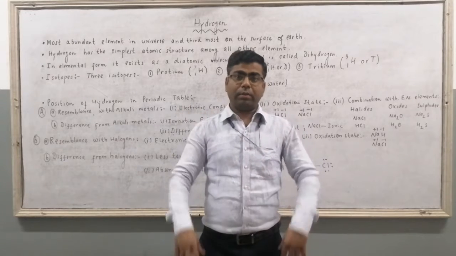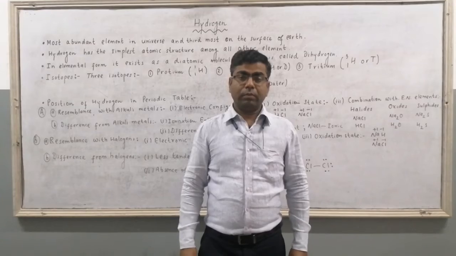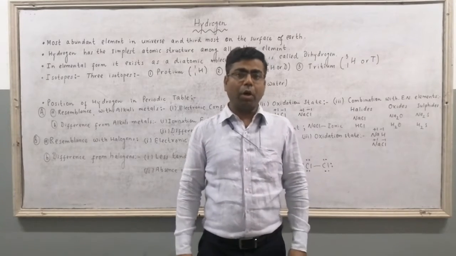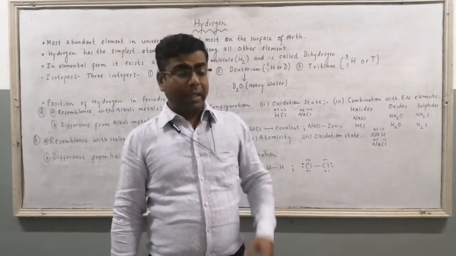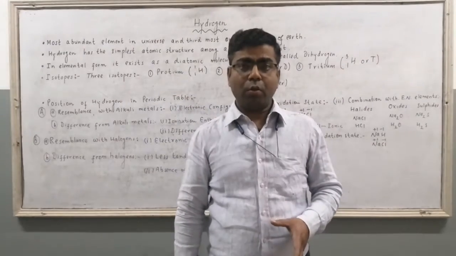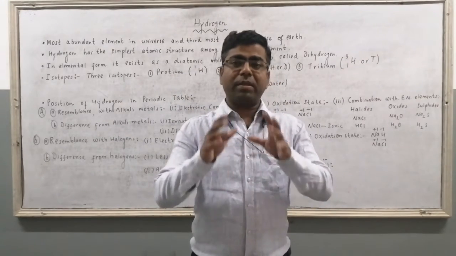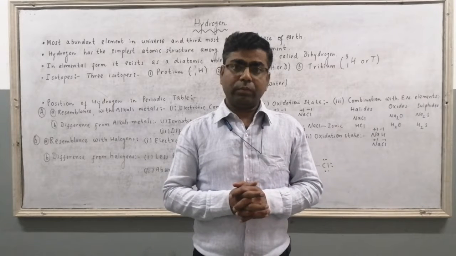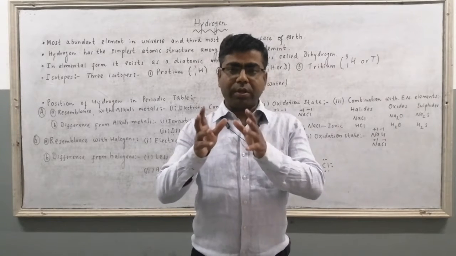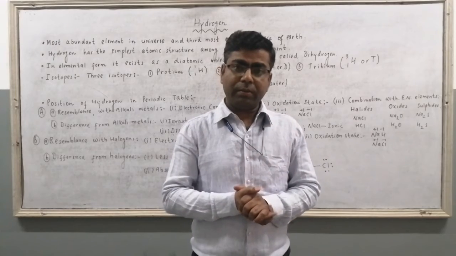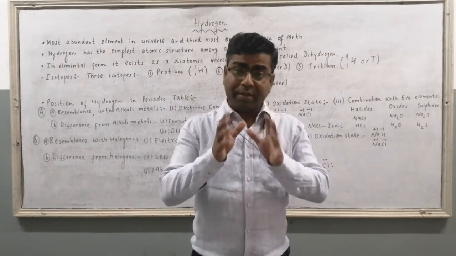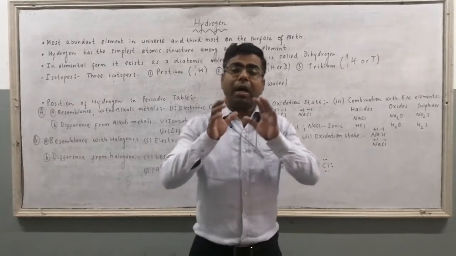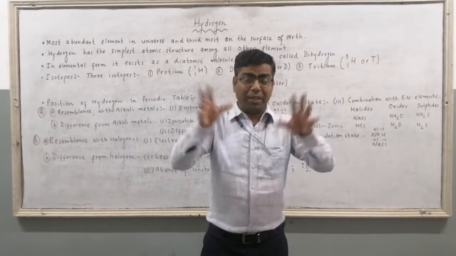Sun is called the fireball or the burning ball, and it is only and only due to presence of hydrogen. Hydrogen combines with hydrogen, as a result of which a high amount of energy is released.